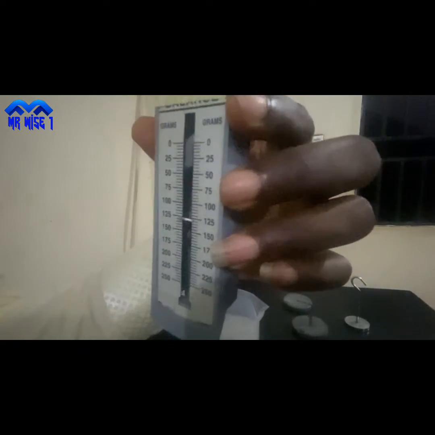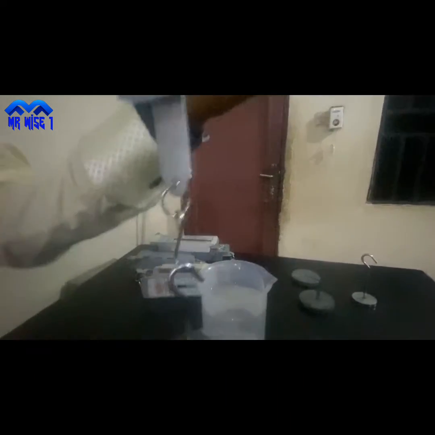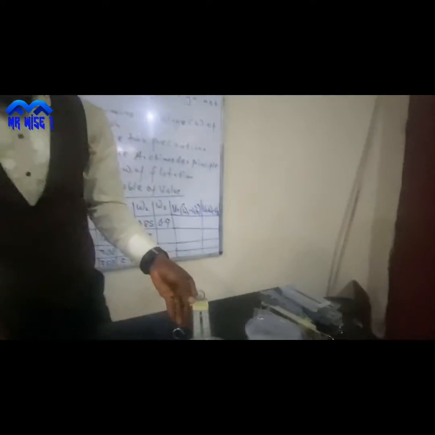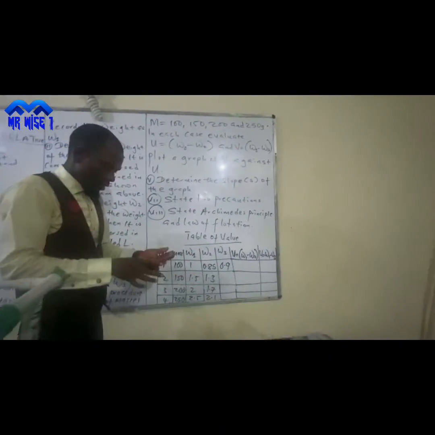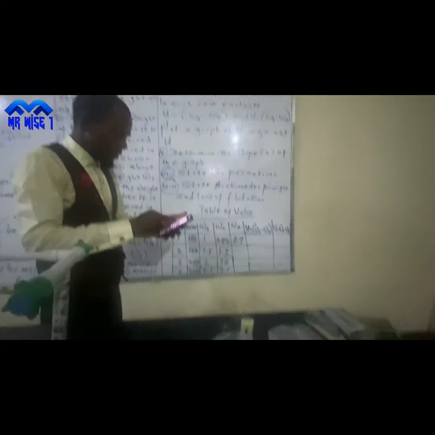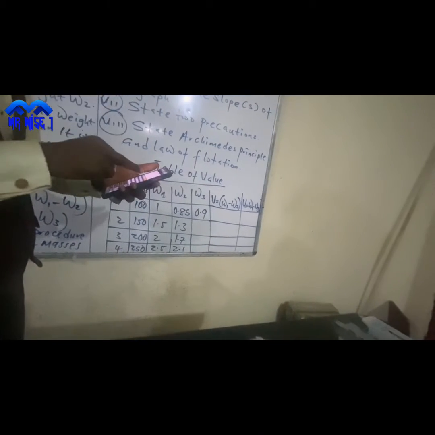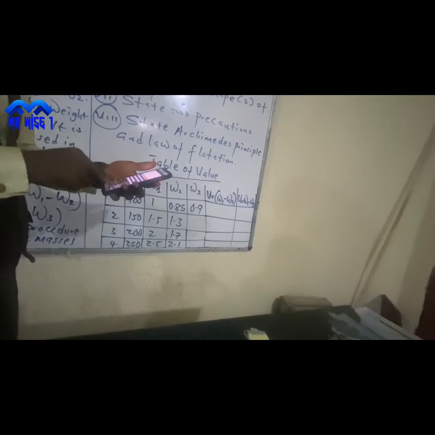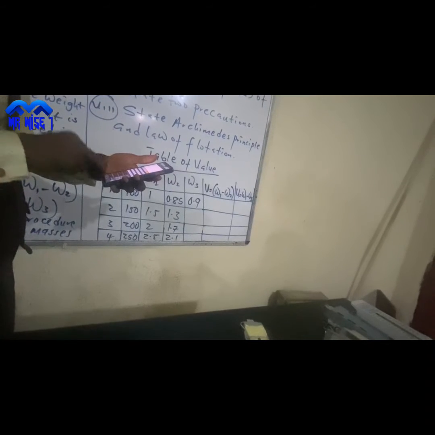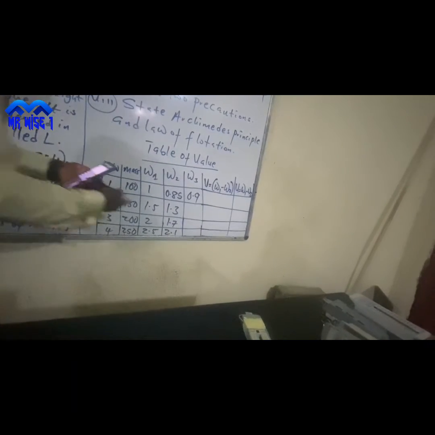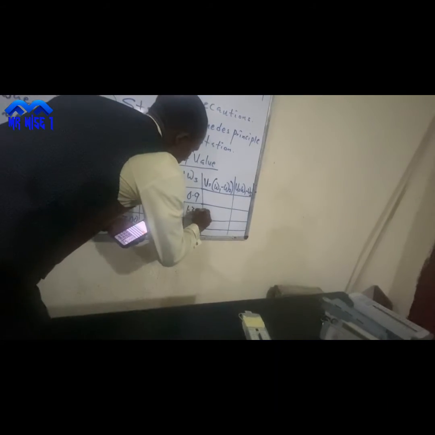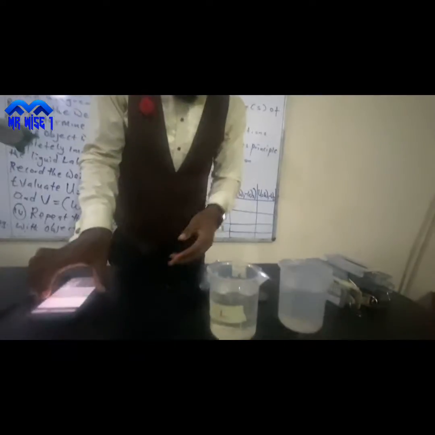Okay, it's 135. I'm correct now. 135 divided by 1000, I have my 0.135. 0.135 times 10, I have my 1.35.